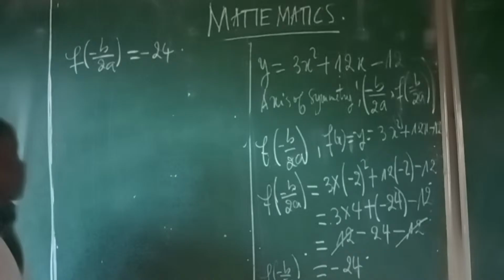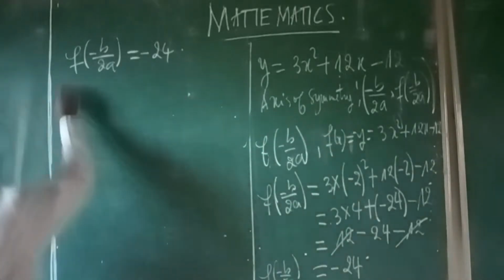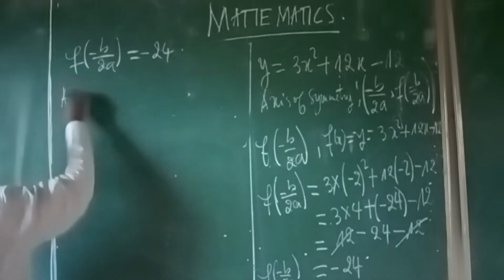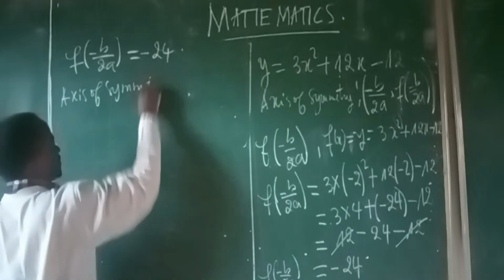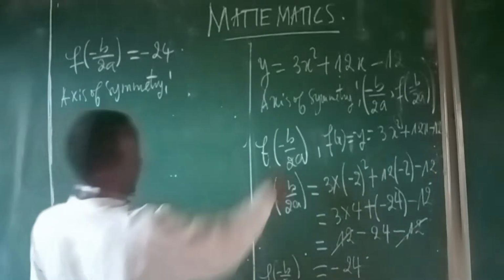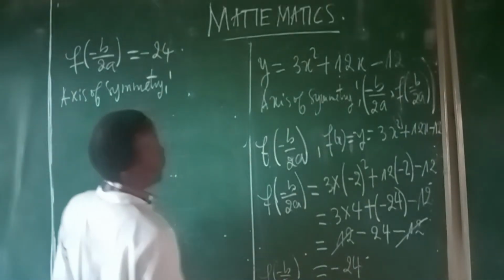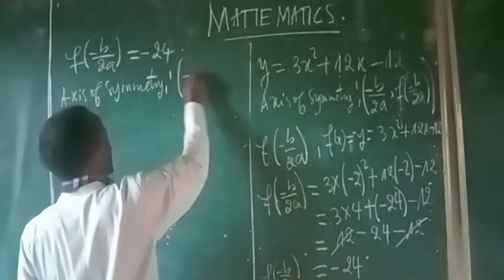Right? So now let's please state the axis of symmetry. What is the value of minus b over 2a? It was minus 2.